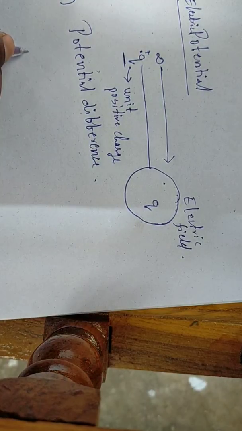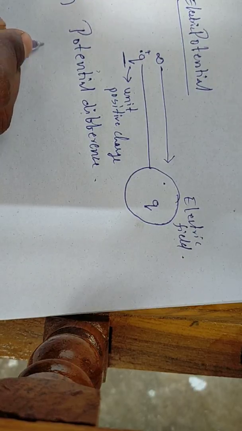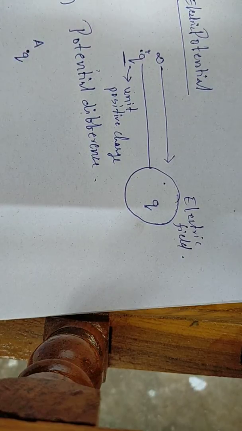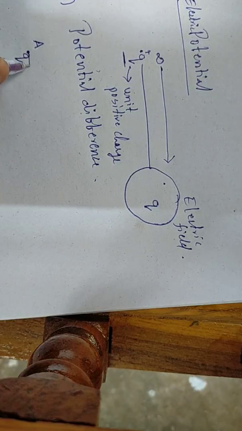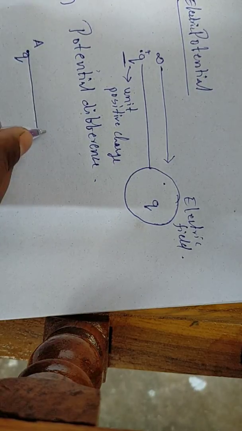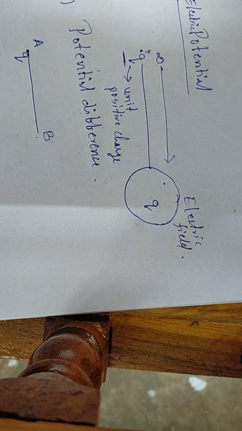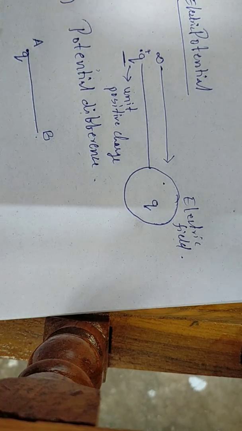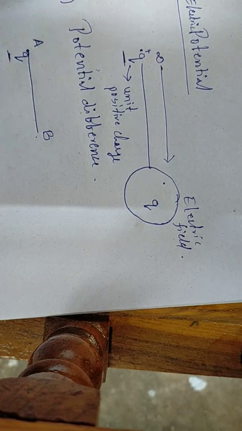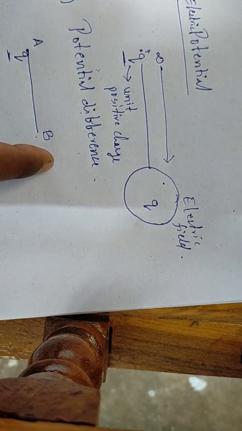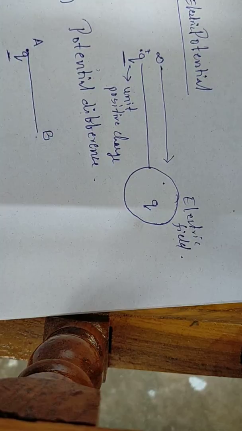Suppose there is a charge q, a unit positive charge, in an electric field at point A. This charge is moved from point A to B in the electric field. So who is pushing this charge?